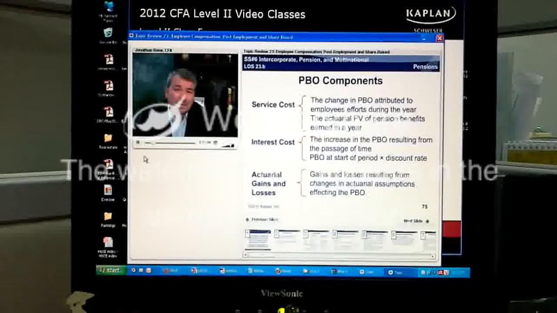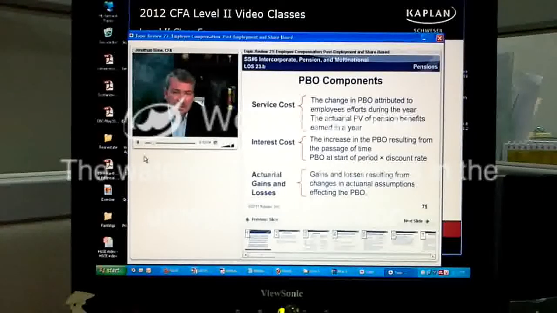So therefore, the interest cost is really just the increase in the PBO as a result of the passage of time. Note we can compute it by taking the PBO at the beginning of the period and multiplying by the discount rate that the actuaries used to discount those future benefits back to today's date.